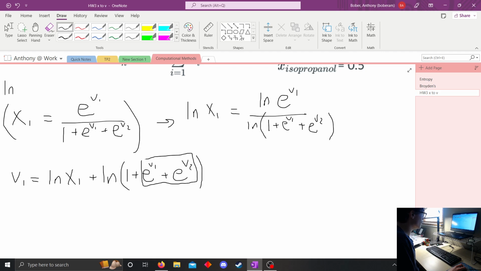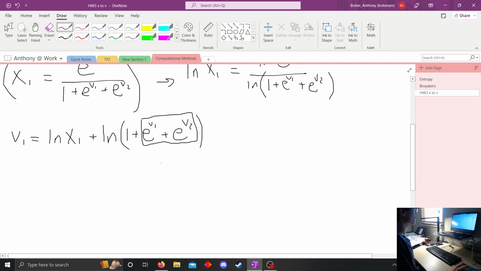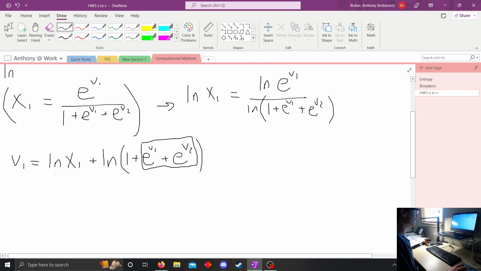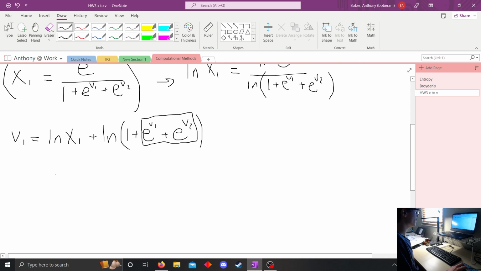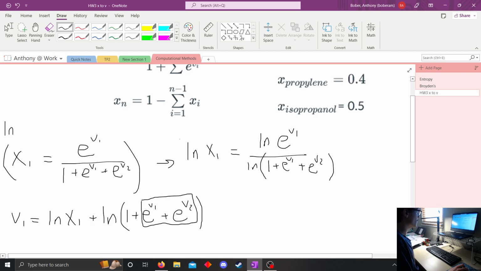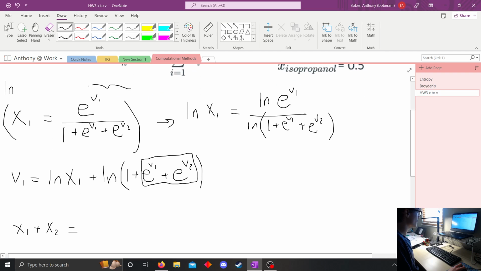We want to get rid of this v1 and this v2. So the way I'm going to do that is I'm going to say what happens if we include our x2 as well. So if we have x1 plus x2, that's going to be equal to, and again, we're just going to use this up here.